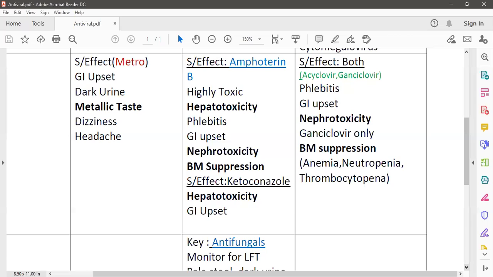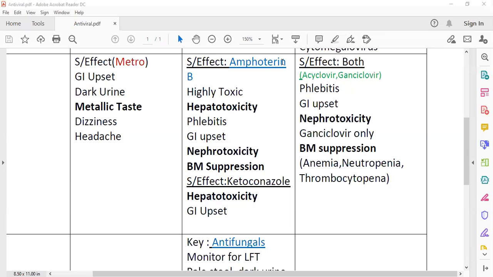Amphotericin B or systemic antifungals can cause bone marrow suppression. The bone marrow produces white blood cells, red blood cells, and platelets. If the bone marrow is suppressed, the patient develops leukopenia, thrombocytopenia, right?